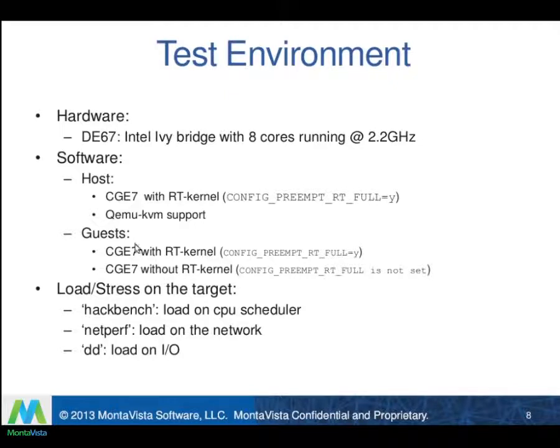We have a host that runs CG7, and then we launch two guests, one with the CG7 RT kernel and the other with a non-RT kernel, and we also load the target so that there is a latency.